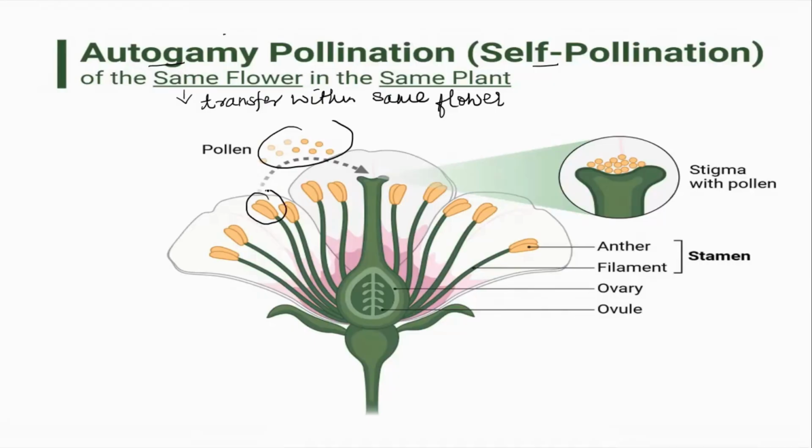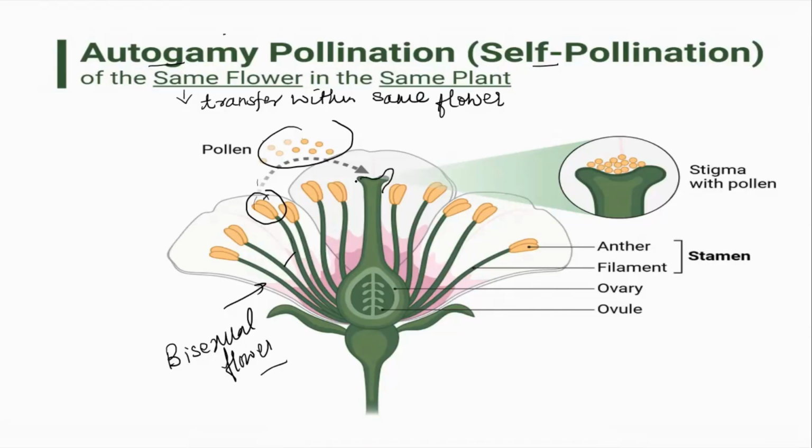So here you can see this is a bisexual flower. That means male and female parts are on the same flower. This is the stamen which has the anther and the filament. After the anther matures, it bursts and releases the pollen grains. The pollen grains are transferred from the anther of a flower to the stigma.